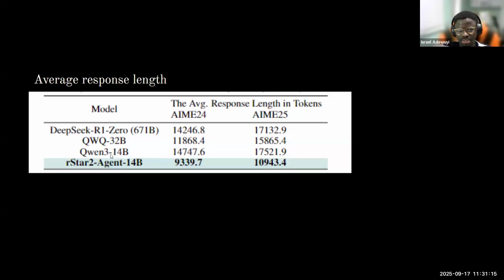So compared to the base model, Qwen3 14B, the response length is significantly different compared to the QwQ 32B and this DeepSeek R1 as well. You'd observe the difference in sequence length is a lot. So they were just basically trying to emphasize the point that they were able to get reasonably decent performance for not a lot of tokens compared to other frontier reasoning models.